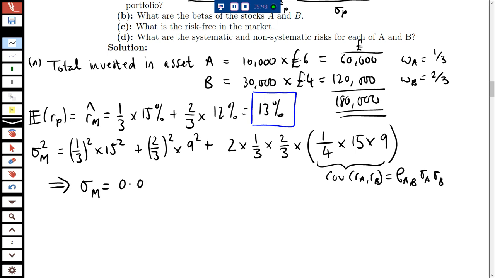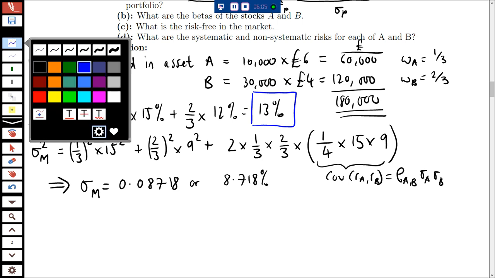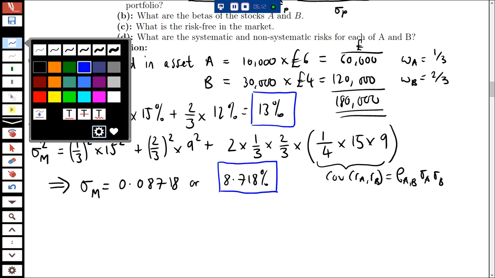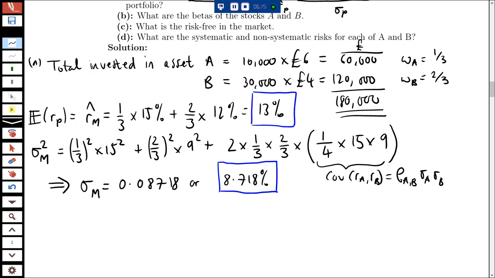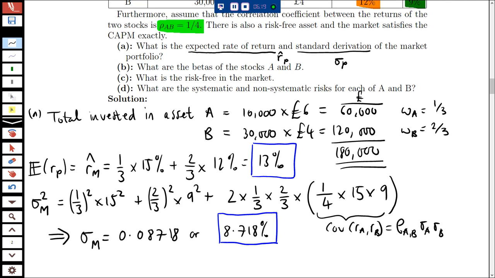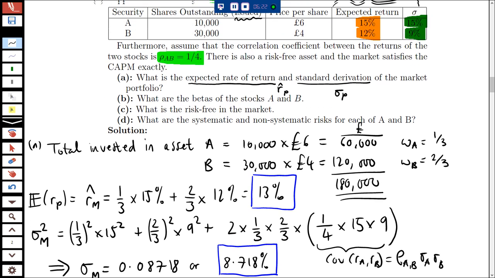You will find that the market risk is approximately 8.718%. So this is a standard calculation for a portfolio with a small number of assets. The calculation is quite manageable. Okay, that completes part A. There's the risk and reward on the portfolio.